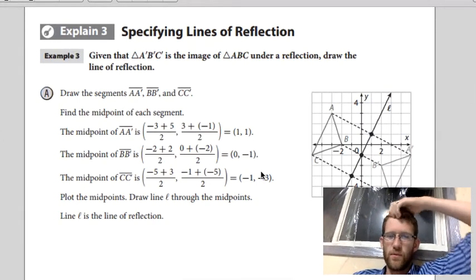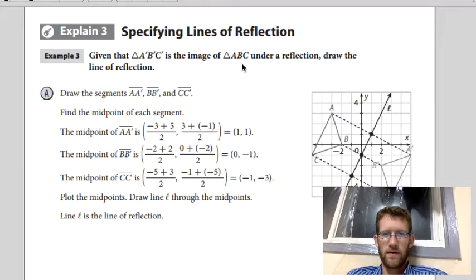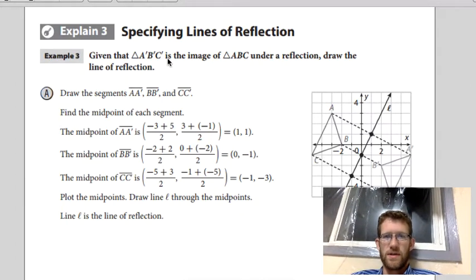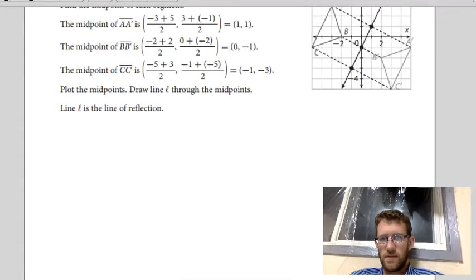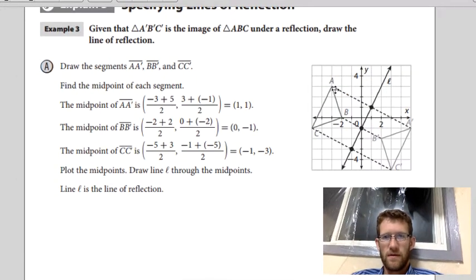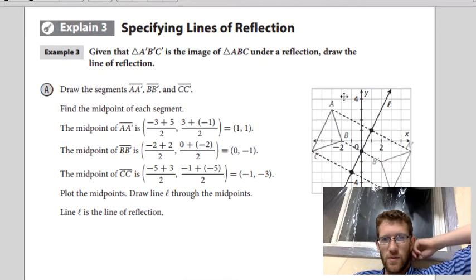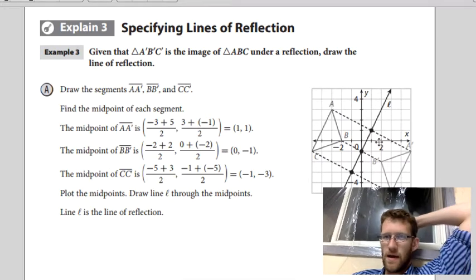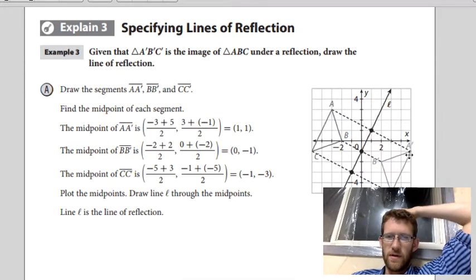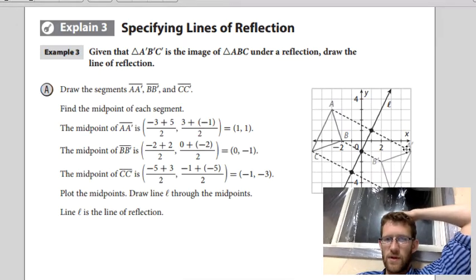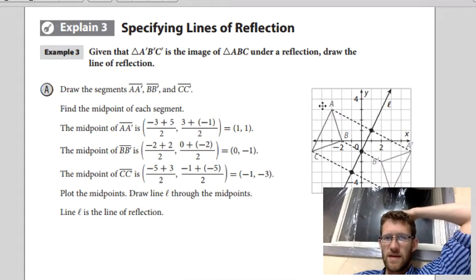Okay, and then working backwards, similarly to some of these other problems, this one just asks us to find the line of reflection. If we're given this pre-image and this image, we need to notice that each point between the image and pre-image makes a segment, right?